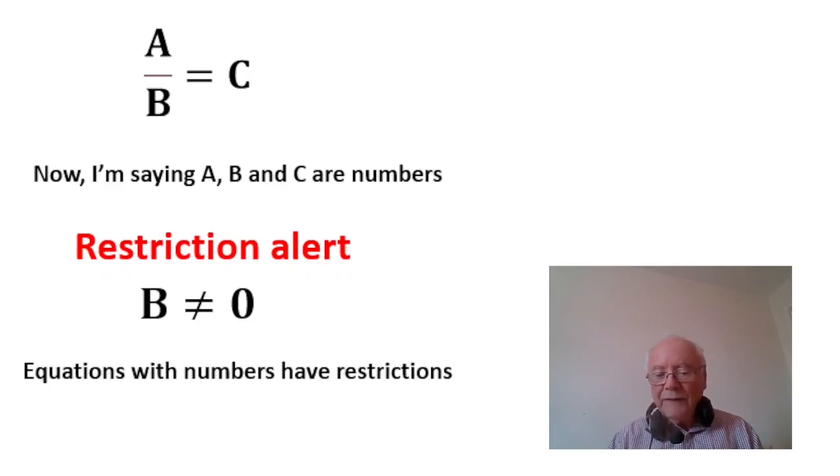So equations with numbers have restrictions, whereas equations where you don't define the objects or abstract quantities as numbers, there aren't any restrictions.